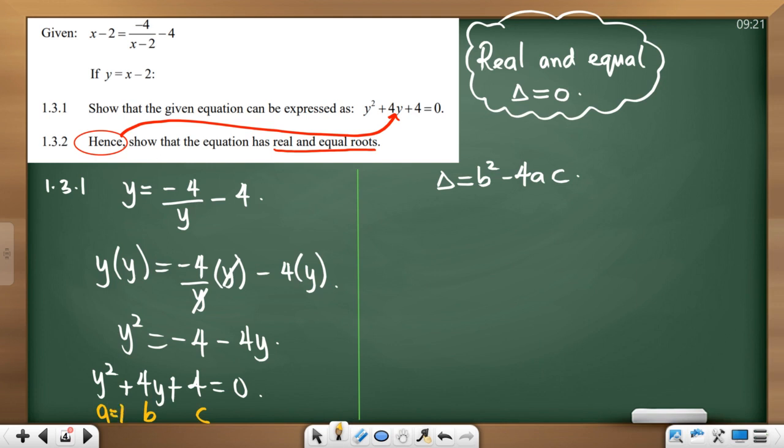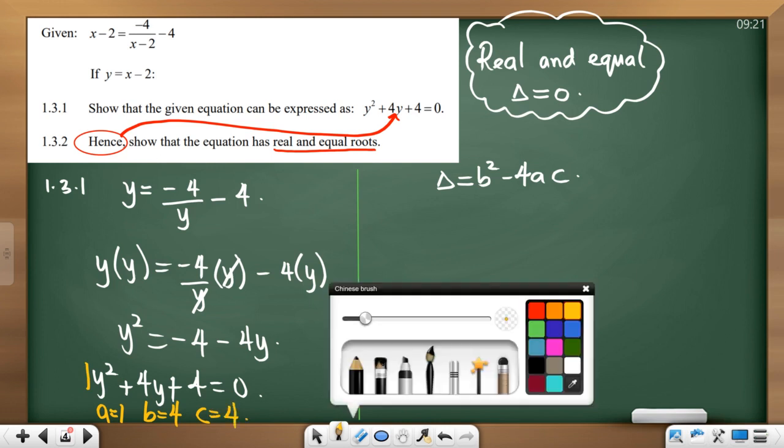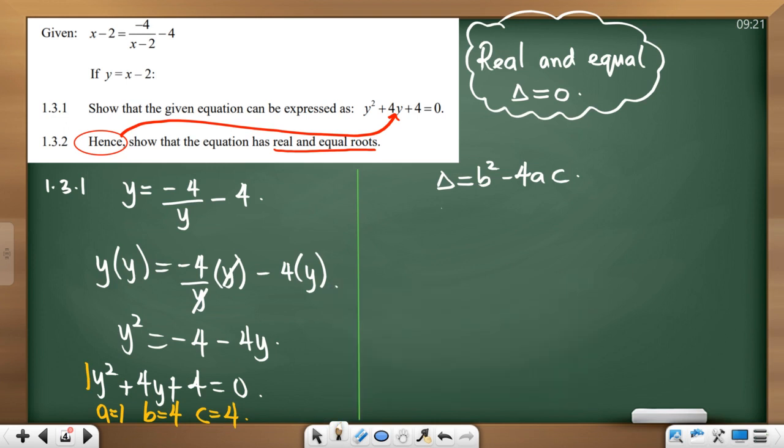So my a is 1. Remember, there's a 1 there. My b is 4, and my c is also 4. Please, the signs are important. In this case, it's positive. Do you see I'm not bringing in the 0? What is my b? 4 squared minus 4. What is my a? 1.